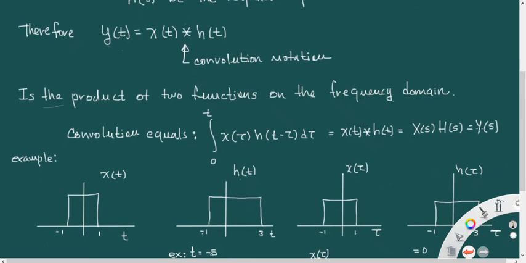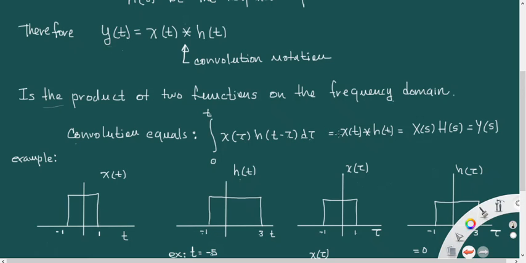If we don't want to transform these signals via Laplace, the convolution operation is equal to the integral, in this case from 0 to t, or whatever the region of integration is, of x of tau times h of t minus tau times the differential of tau.